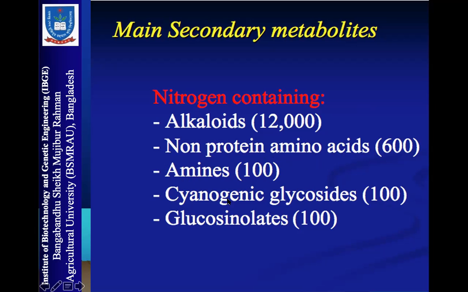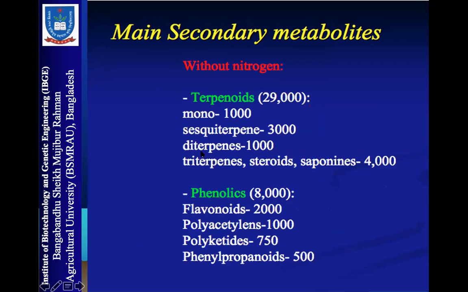There are also some amines, cyanogenic glycosides, and glucosinolates, all containing nitrogen in their structure. Non-nitrogen containing secondary metabolites are terpenoids and phenolic compounds.